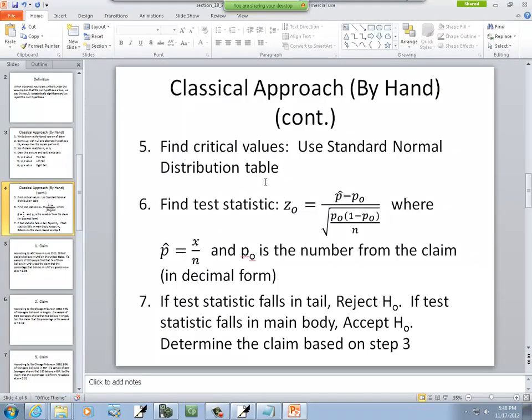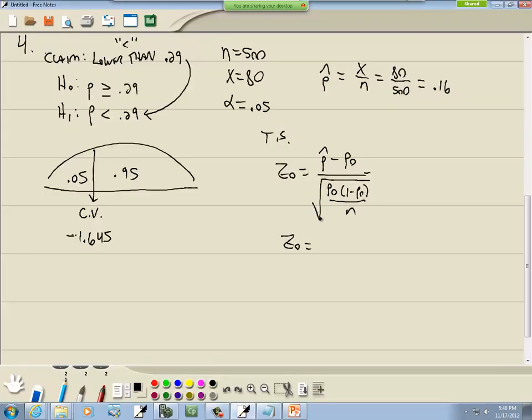We just did step 5, find the critical values using the standard normal, and we're finding the test statistic using this formula. Well, p hat we said was 0.16, minus p naught, the number off of our claim, H naught and H1, which is 0.29, over the square root of 0.29 times 1 minus 0.29 divided by n, which was 500. Again, put parentheses on top. So let's see what this gives us.